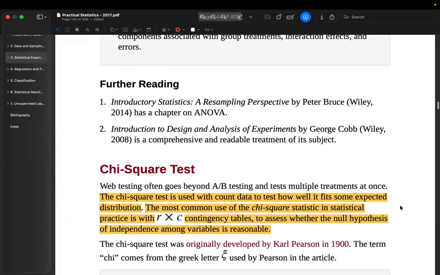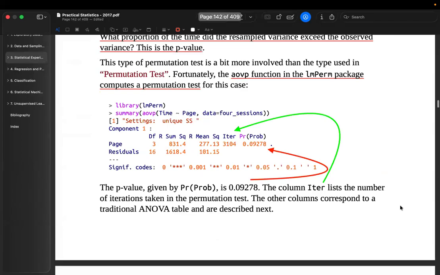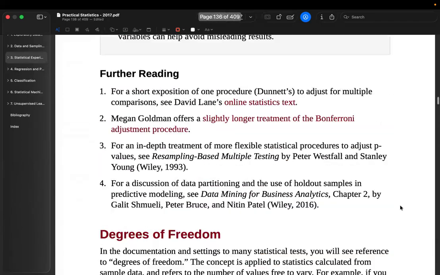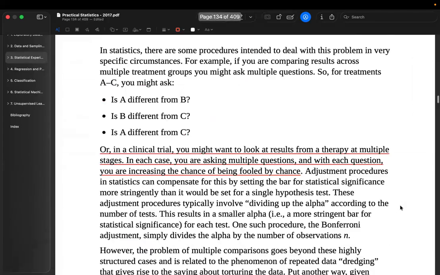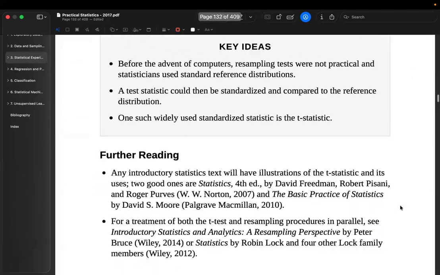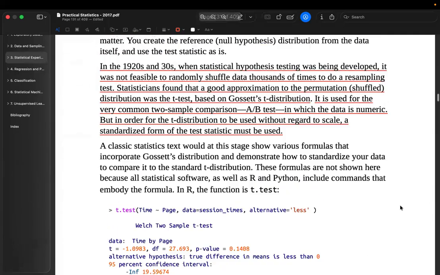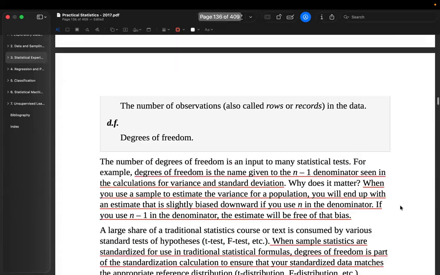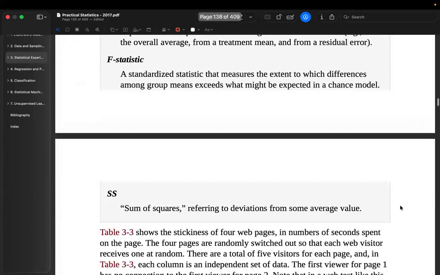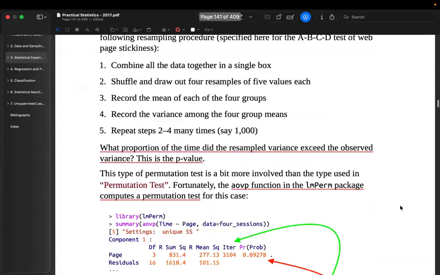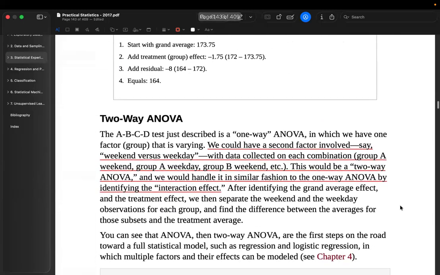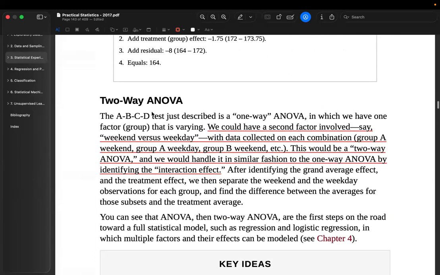I don't think that graph is in this book. The chi-squared is not shown here. This book doesn't have it. The chi-squared one is there, though, and we're going to use the chi-squared in ANOVA. Anyway, let's talk about this two-way ANOVA.